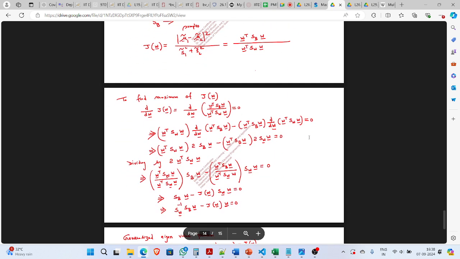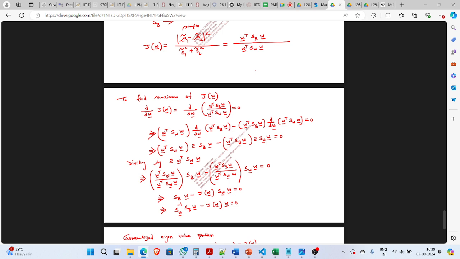So that is what we have got. This is the form of the loss function we have.